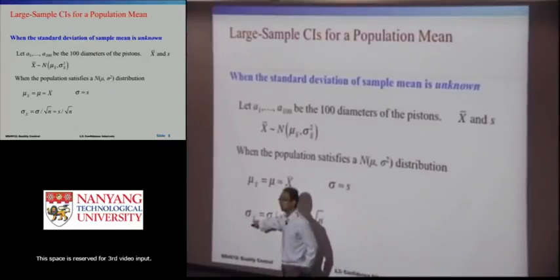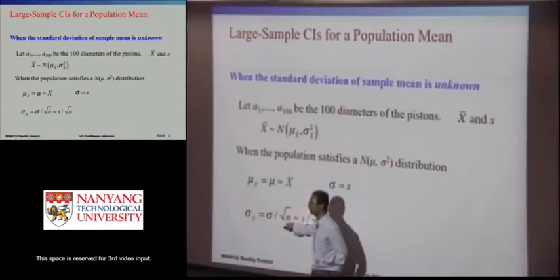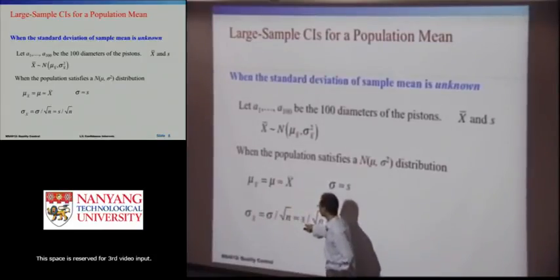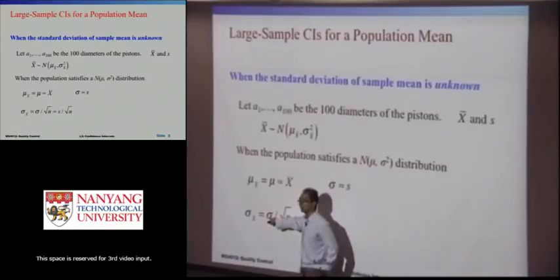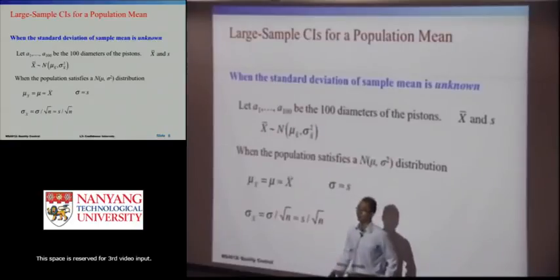We know sigma x bar exactly equals sigma divided by the square root of n. This is exactly equal. Then we make an approximation. This is the standard deviation of the random variable x. It approximately equals the standard deviation of the sample divided by the square root of n, the square root of the sample size.